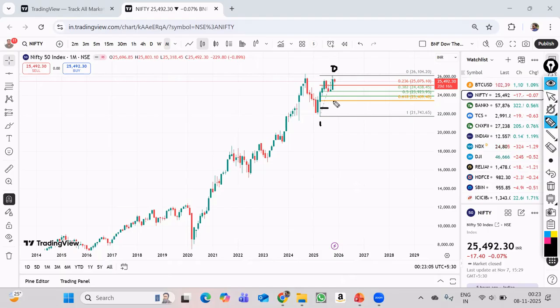So here what is important is we will be discarding some levels, and we will only keep 0.5 and 0.618. Rest all the levels we will remove, especially the 0.236 and 0.382.